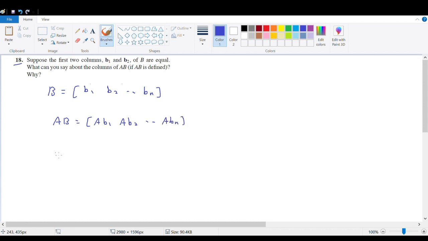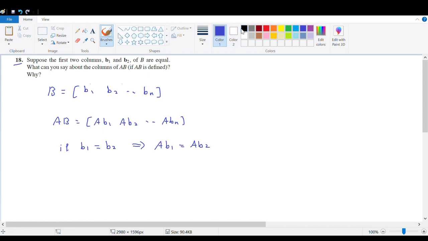But here it is given that b1 is equal to b2, so Ab1 should be the same as Ab2.